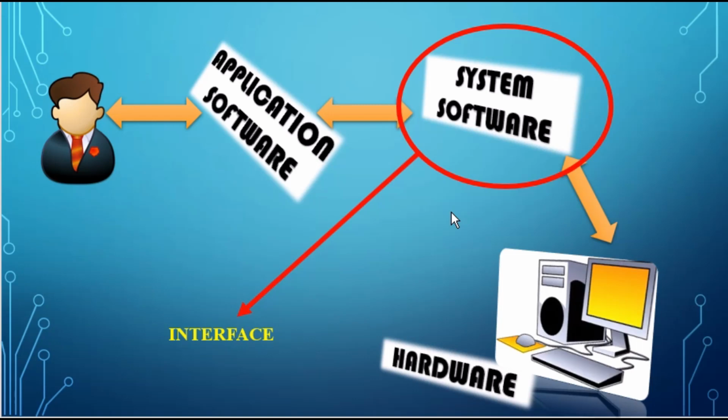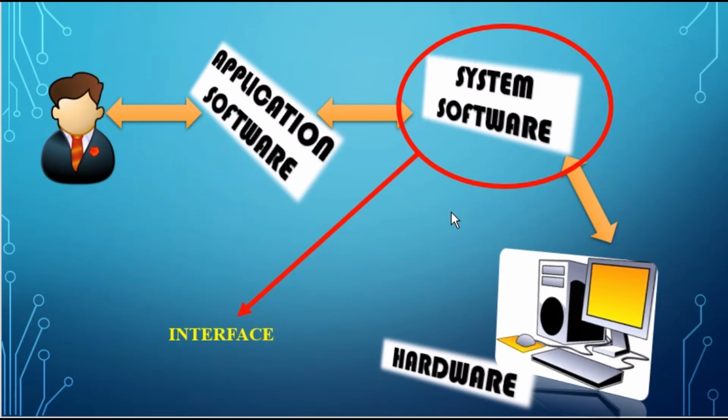Why an interface? You and I can communicate fluently in English, but the computer does not understand English. The computer only understands machine language, that is the binary language, zeros and ones.